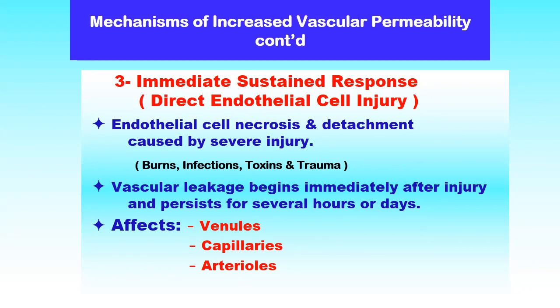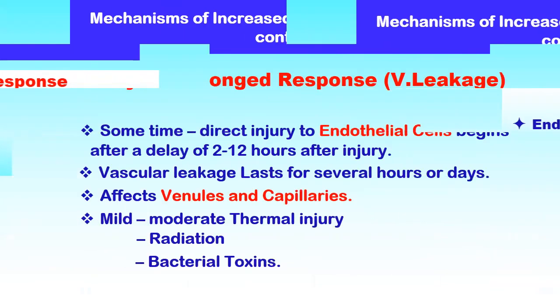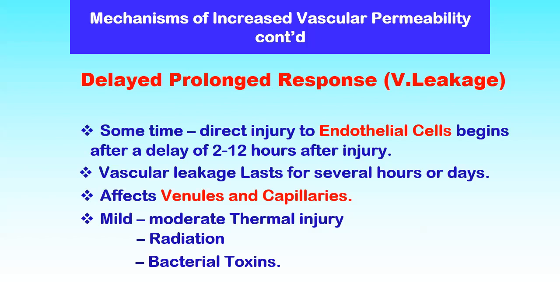In this mechanism, the vascular leakage occurs from the walls of venules, capillaries, and arterioles, and all are affected due to the endothelial cell injury and necrosis. Sometimes there is delayed prolonged vascular response or vascular leakage.